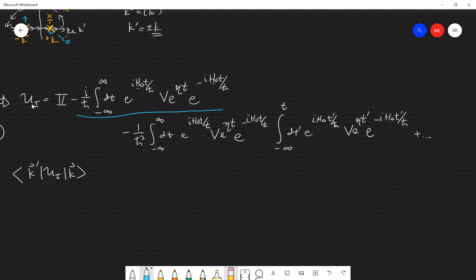So if we look at that term, first of all, the identity is going to be just a delta function between k prime and k. That's easy, because it's just the identity, so you just get the dot product between these. But the next term is kind of interesting. You get minus i over h bar.